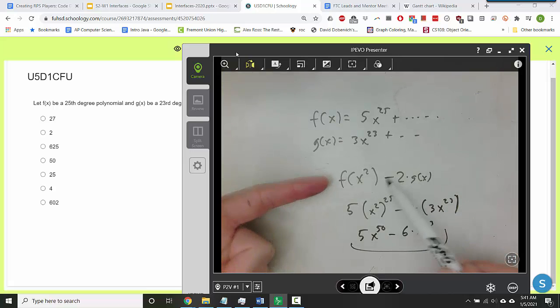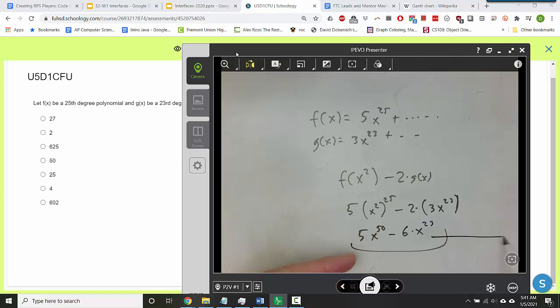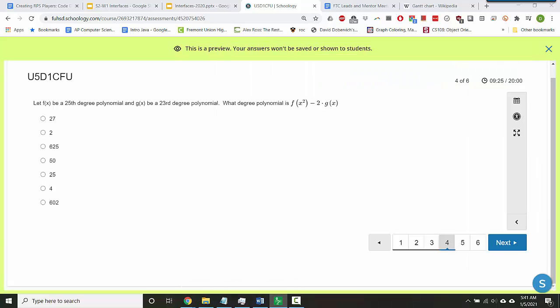You could calculate them out, but they're just going to create more lower power terms in the final answer, and those don't affect the degree of the final answer. So as far as a method goes, the takeaway here is I asked a general question, but you can answer it for yourself by using a specific example to think.